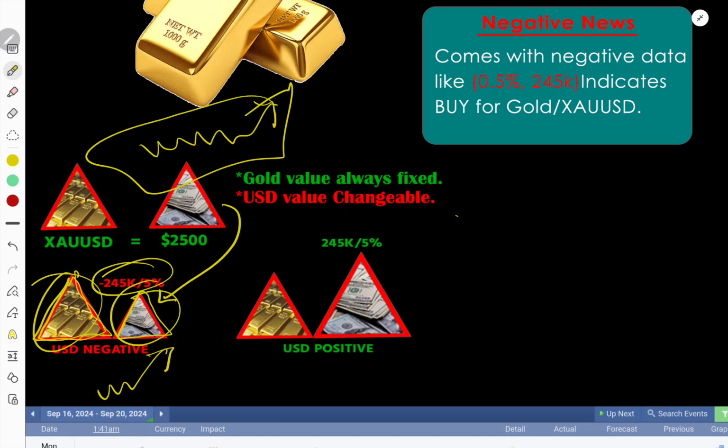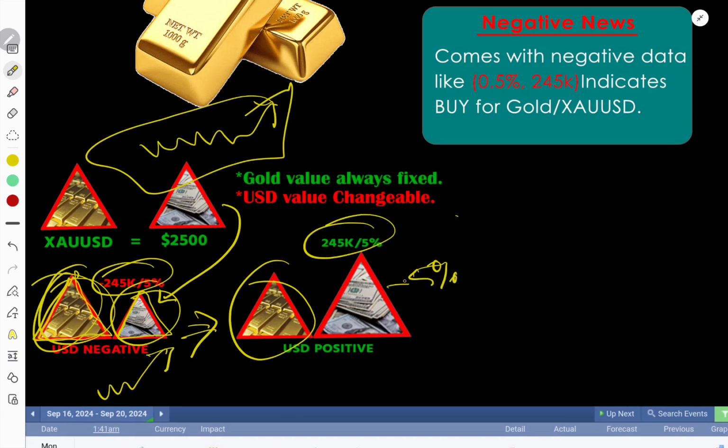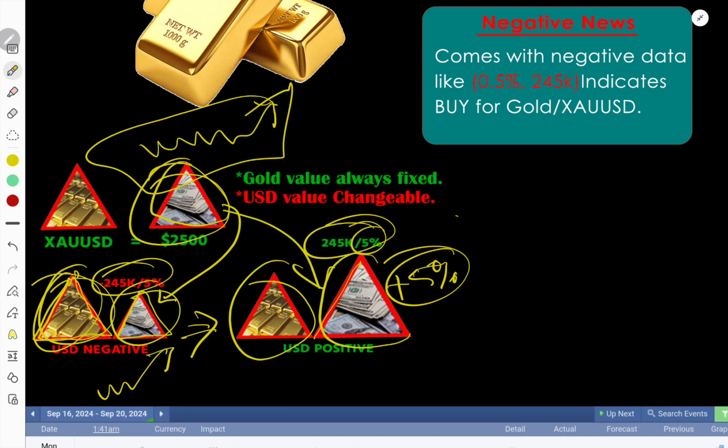And for the same theory over here, gold is the same as the previous one, and USD got a 5% plus value, that means a green value, that's why it increased 5%. As you can see, this is the constant, or the previous value, and it got 5% and is just bigger than the previous one.